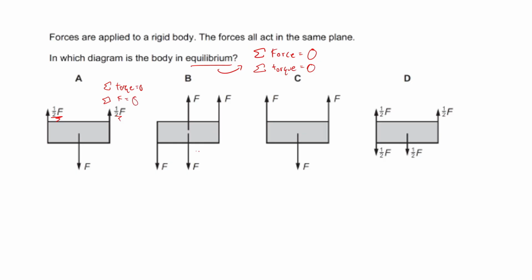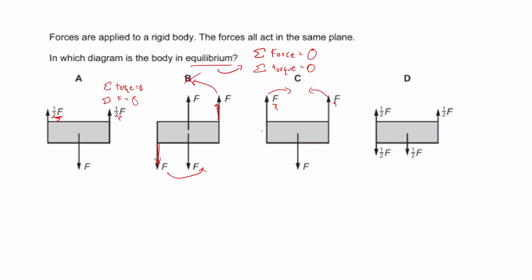If we look here, we can see that this F goes down and this goes up. Since they're on opposite sides, they actually go in the same direction, which is clockwise. So then our rotational effect is actually 2F, and that means our torque is not equal to 0. For C, torque is equal to 0 because these F's are going in different directions, but they have the same magnitude.